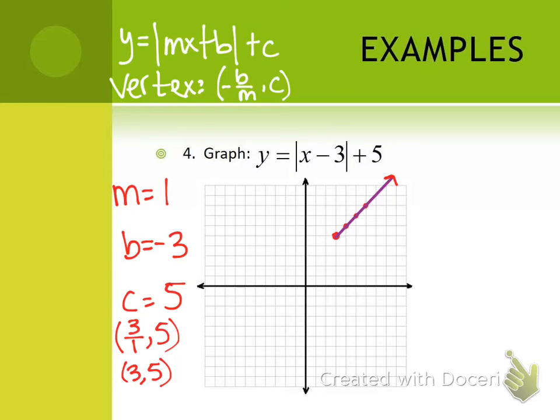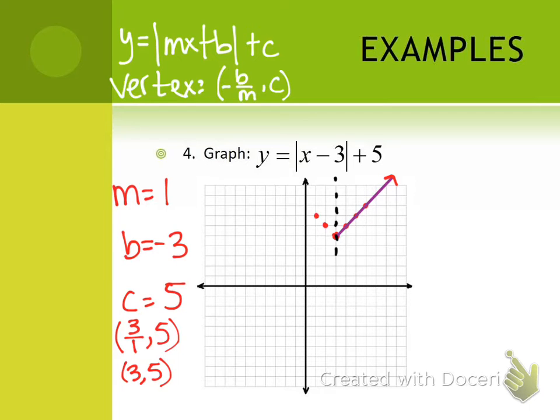But in order to get the other half, I need to remember there's this imaginary line that goes vertically through the vertex. And I need to reflect it over the other side to get some other points on the other side of it. Or you can think about, instead of going up 1, right 1, to go up 1, left 1.